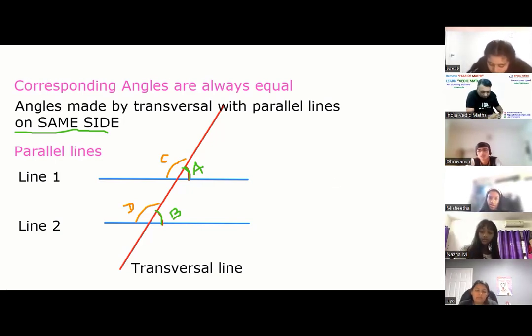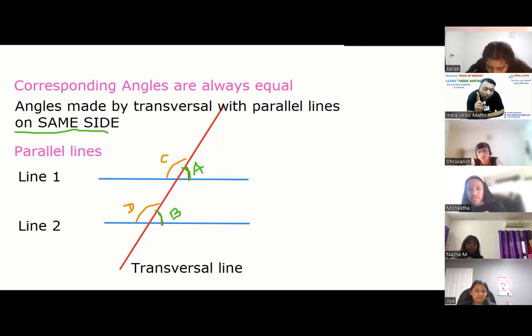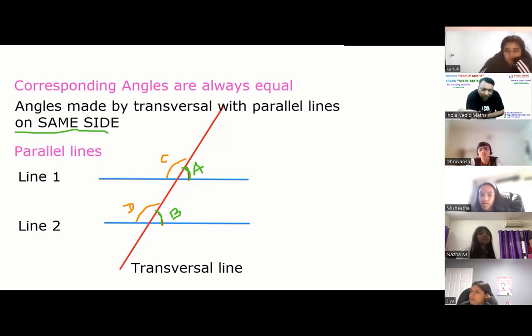They are corresponding angles because they are made on the transversal line with the parallel line, and they are on the same side. Both are on the left. Both are on the top. Understood? Both are on the left of transversal or not? And both are on the top of blue lines.